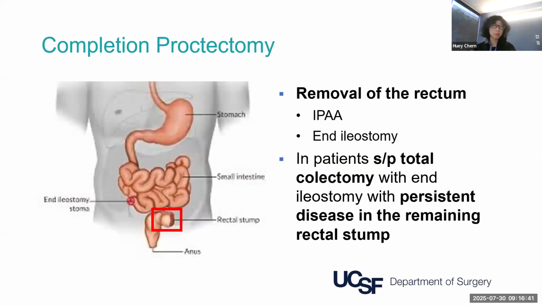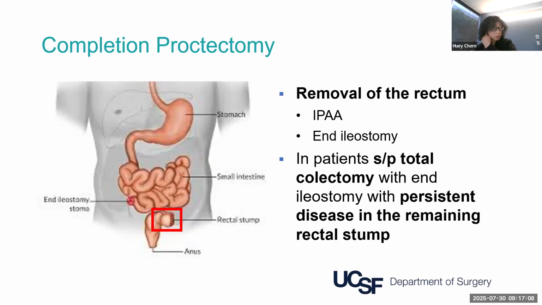And the word completion proctectomy typically means the colon at some point was removed, and now we're coming back to complete this process and remove the rectum. Again, at that time, we would make the decision to either form an ileal pouch anastomosis, or we just form a permanent ileostomy.